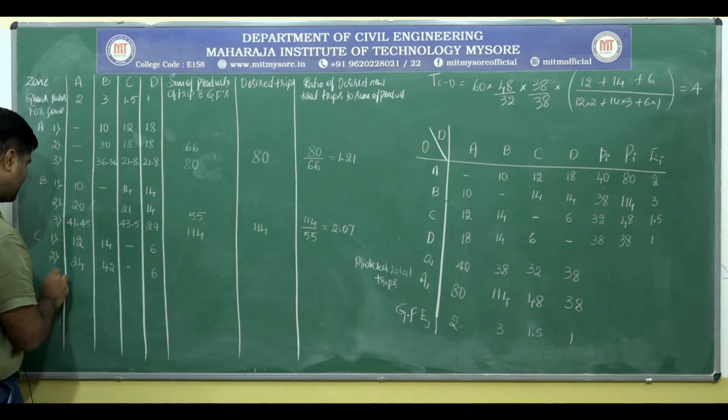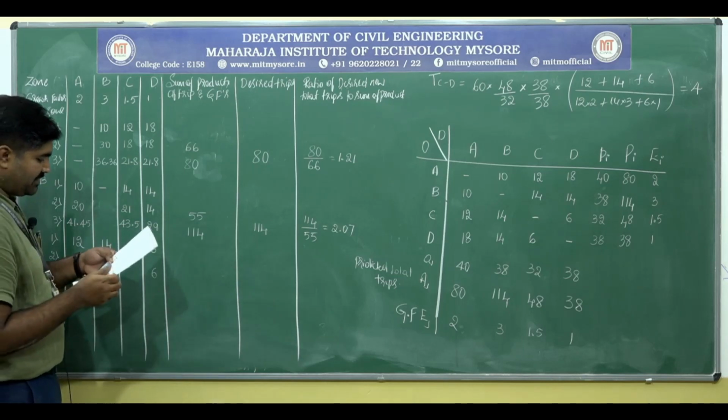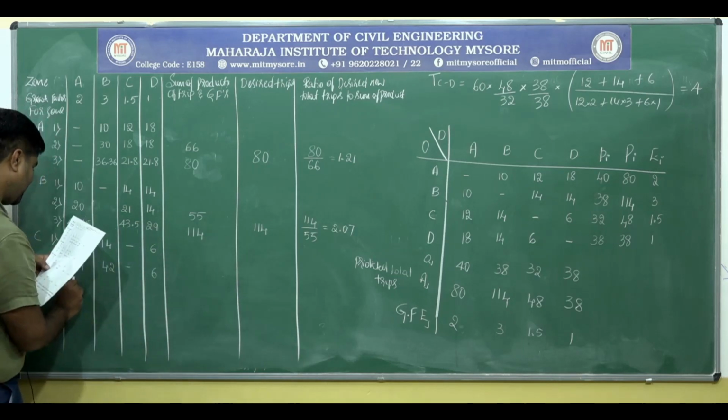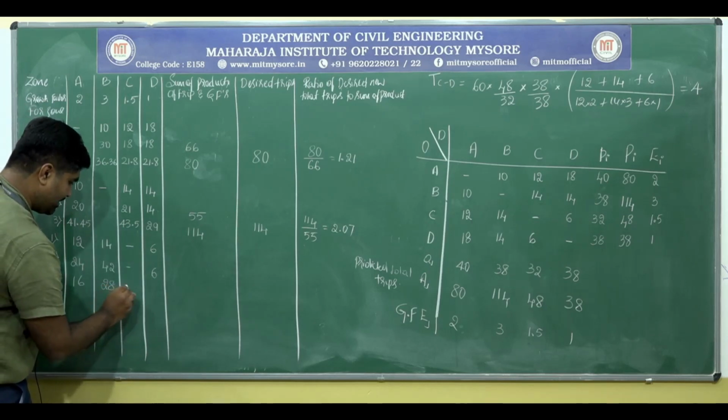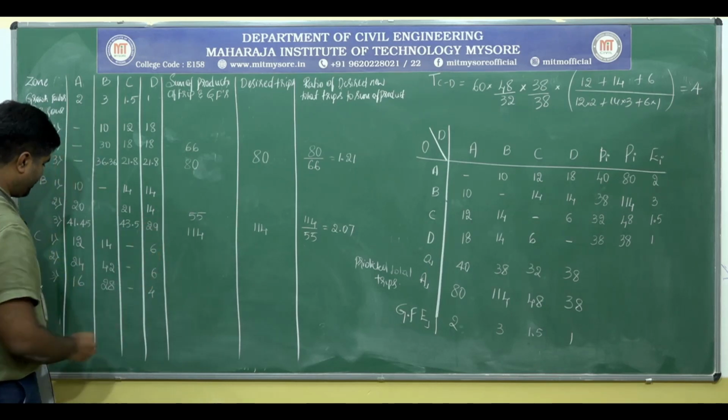Next step, after distributing, enter the values you got: 16, 28 and 4.